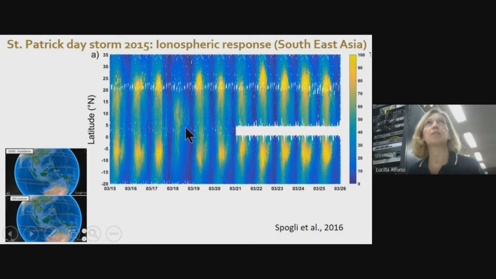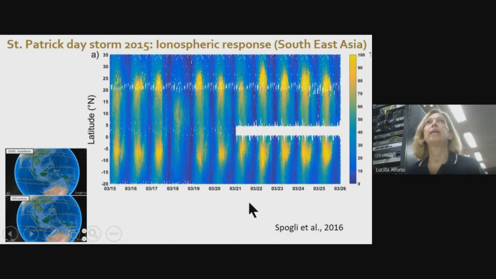We can say that the crest disappeared in this case, but we also have a shrinking of the Equatorial Anomaly. This is confined in a narrow latitudinal sector. Then there is an expansion. You see, with respect to the previous day, an expansion of the crest.